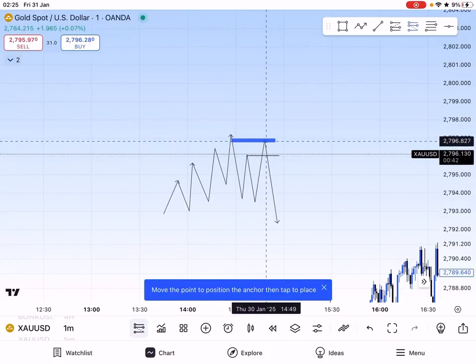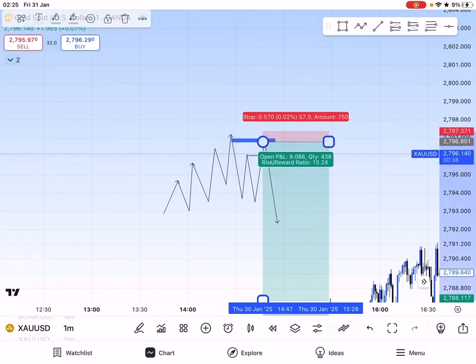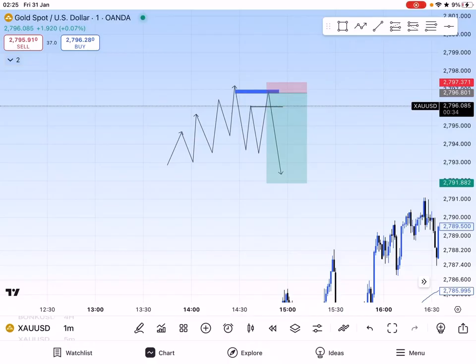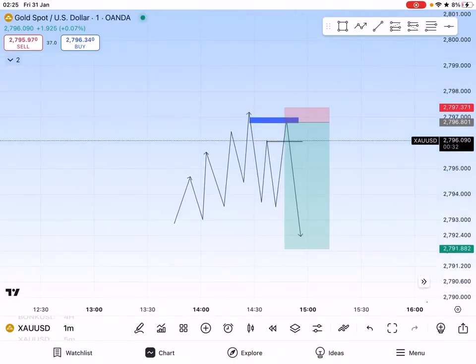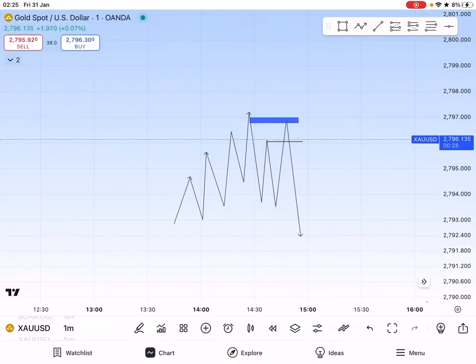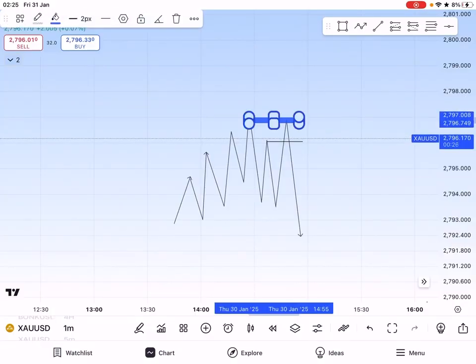So what do we see when we want to get confirmation for a sniper entry? Firstly, let's start with imbalance. There must be an imbalance. It's not really compulsory.